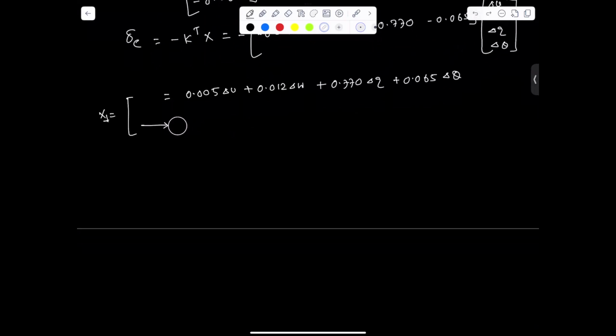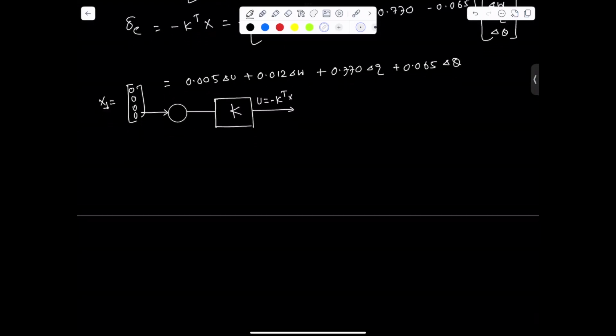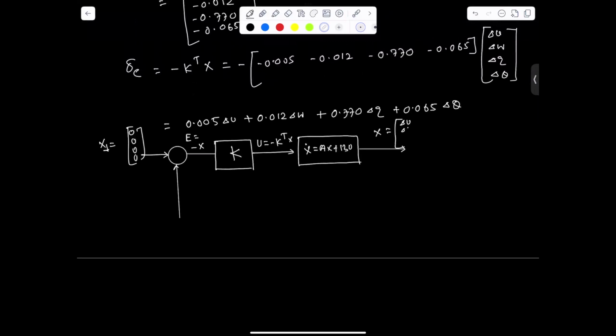For this particular case, we have 0, 0, 0, 0 to maintain, and we have the control where we are designing the K, and from this K we can form the control, which is minus K transpose X. Here we have minus K, which is E equal to error, and this is going to the plant x dot equal to AX plus BU, and we have the output, which is X, nothing but these states del U, del W, del Q, and del theta.